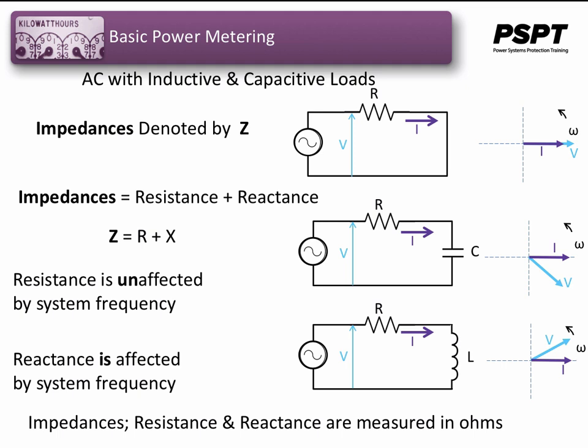It is usually constant at 60 cycles per second, or if you're in Europe or South America, the standard could be 50 cycles. The point being that the frequency doesn't change over the long term, so the metering results are usually done by quoting just the impedance and assuming that the system frequency remains the same.